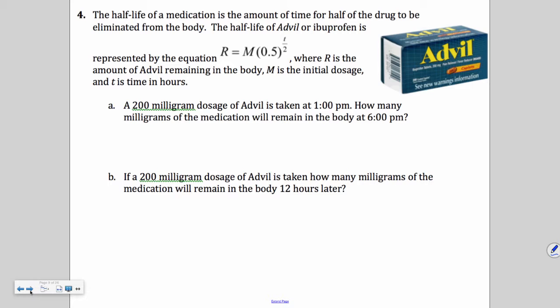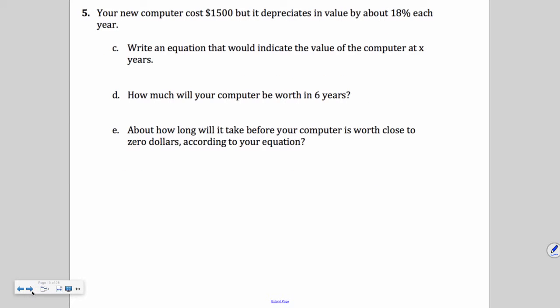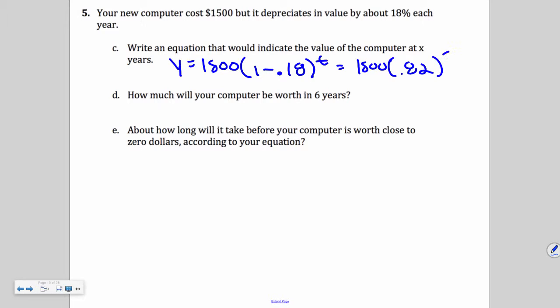So continuing this again, many of these problems are just plugging in. The depreciation, remember, has the minus, so it's y equals 1500 times (1 minus 0.18) raised to the t. So in this case, it would be 1500 times 0.82 raised to the x.